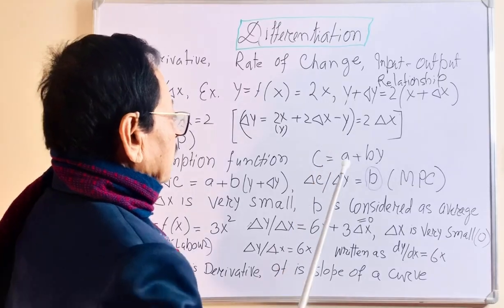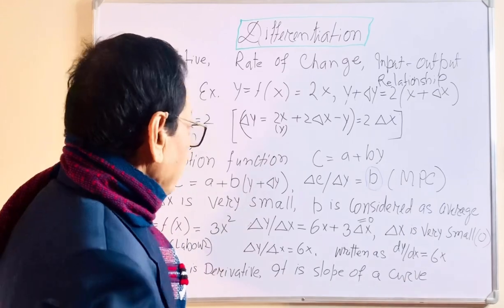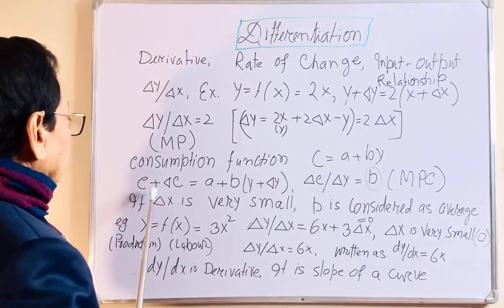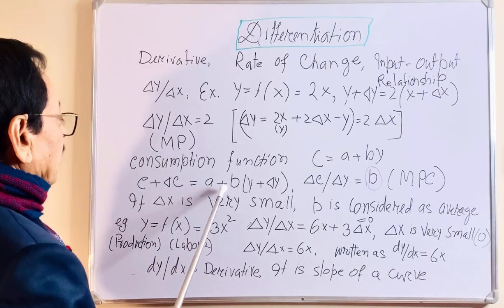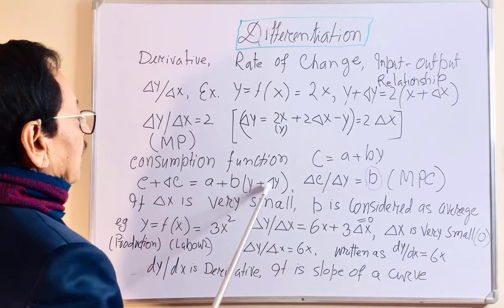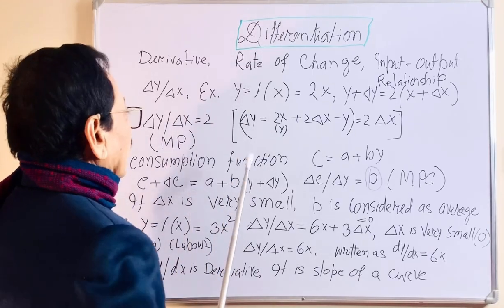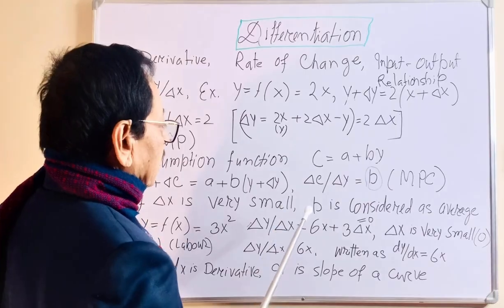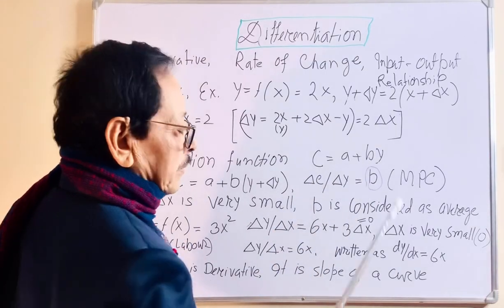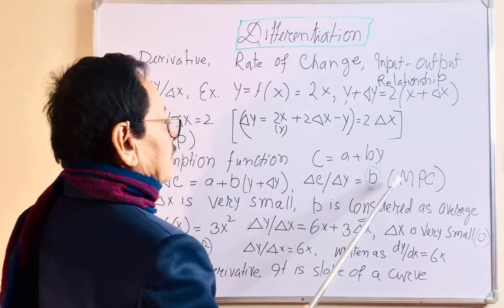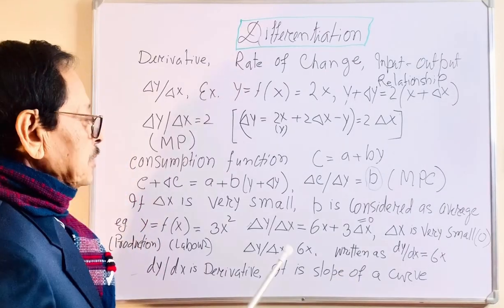In consumption theory, we call it the marginal propensity to consume. Let us give changes on both sides. C plus delta C is equal to A plus B into Y plus delta Y. Similarly, as above, after simplification we get delta C by delta Y is equal to B. So B is nothing but the marginal propensity to consume.